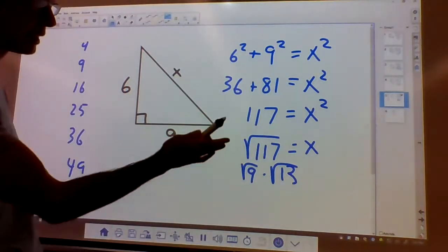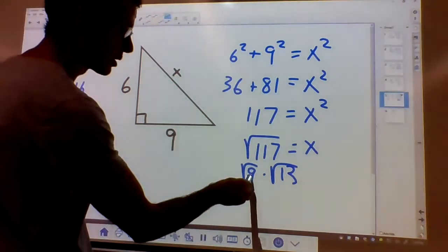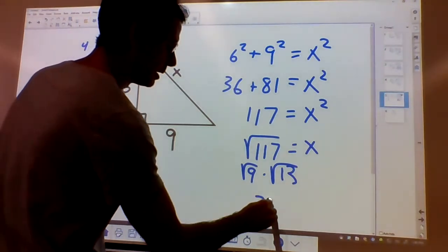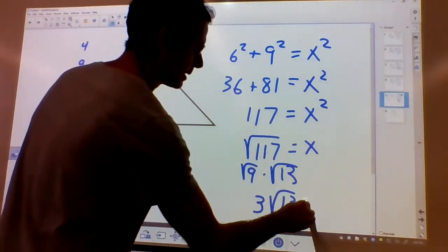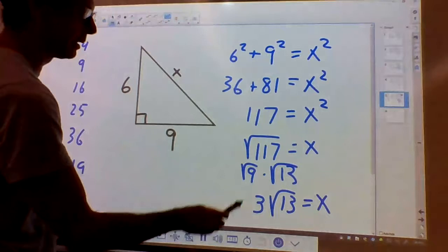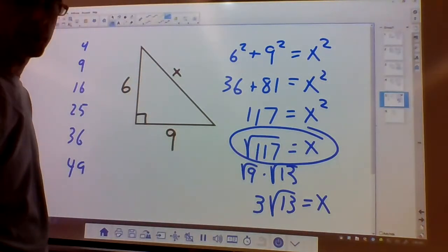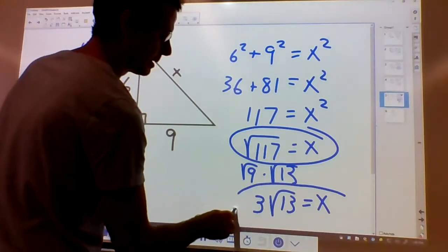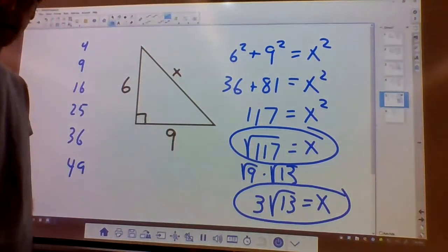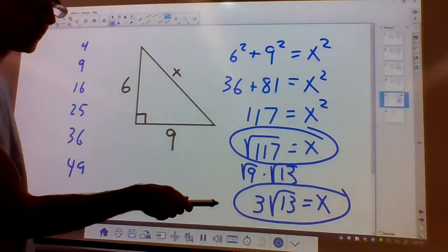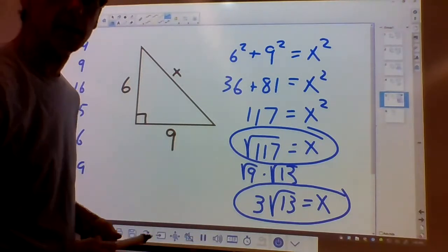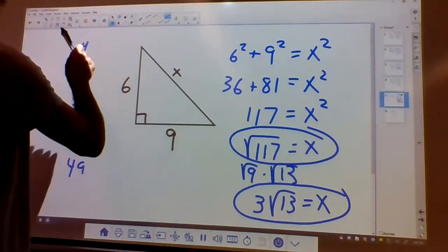Not entirely obvious. Gave you a hard one here. Square root of 9 is 3. So your final answer for x is 3 radical 13. If you can only get here, pretty good. You come up with a decimal, but this is the most sophisticated answer. So this was a situation where it doesn't come out evenly, but we have a radical to break down.